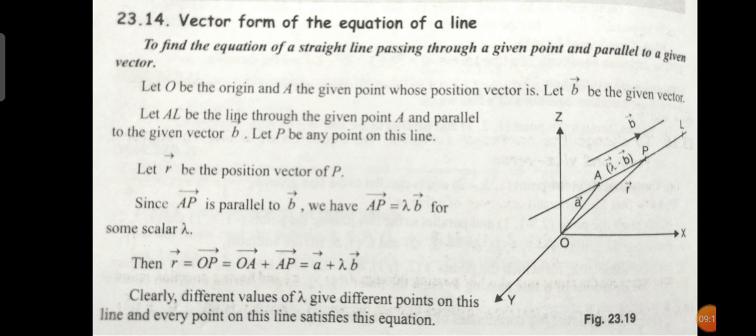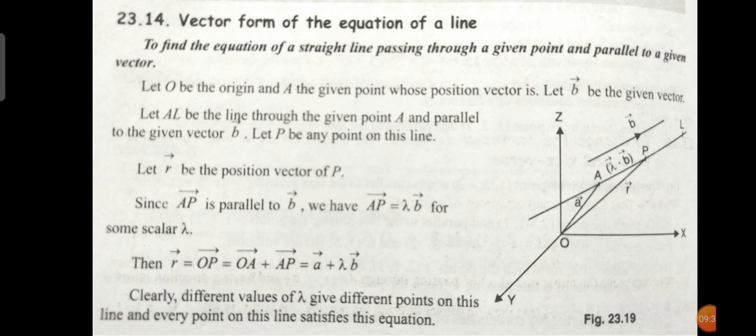So vector b is given, AL is a line parallel to vector b, and P is a point on AL. Let r be the position vector of P, that is, OP from the origin is r.